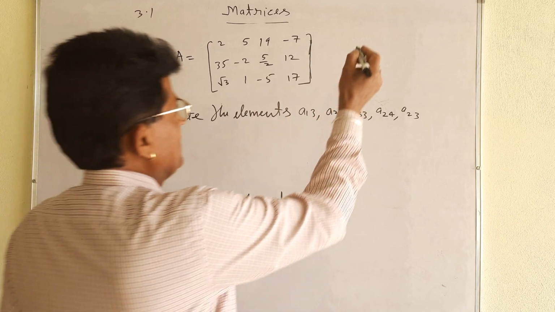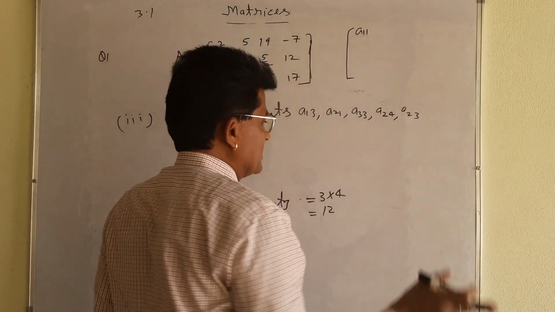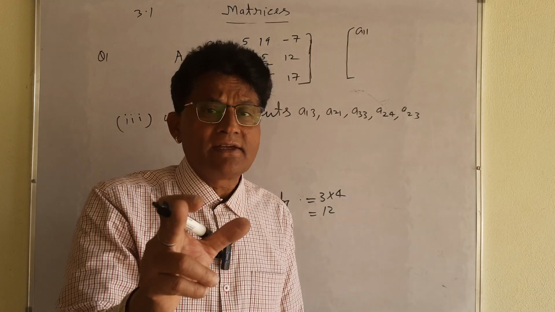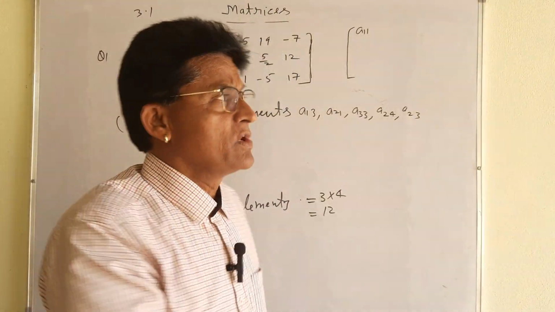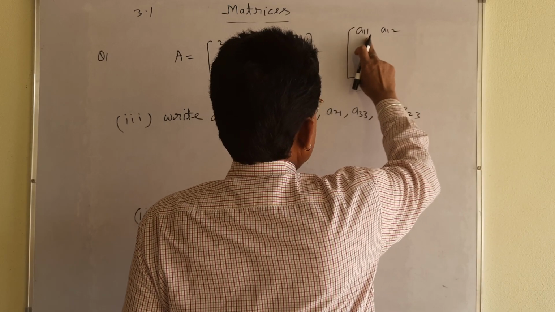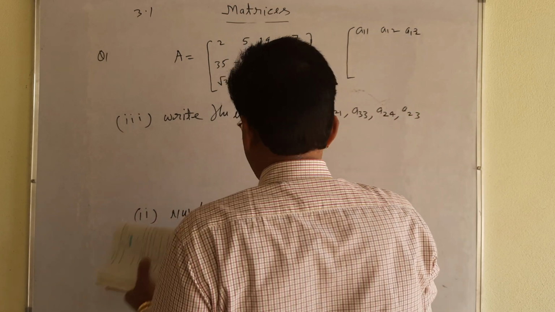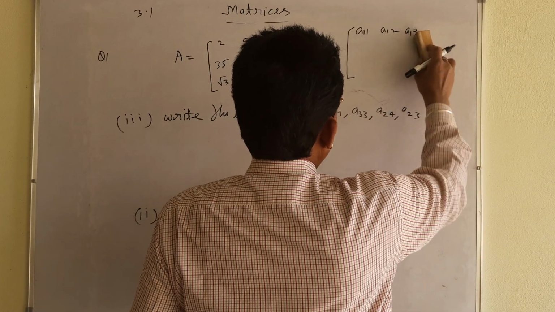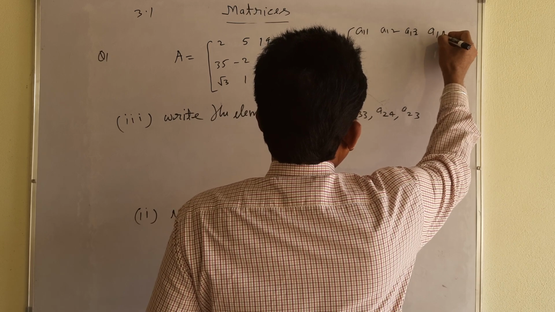You must compare. Here I am going to write A11. As I told you, the matrix Aij has M rows and N columns. See, A11, A12, the elements of the first row, 1, 2. The third element of the first row, 3, or the fourth element, A14.